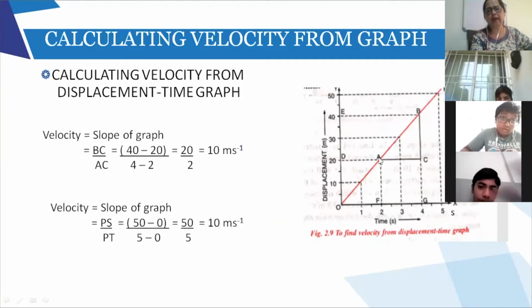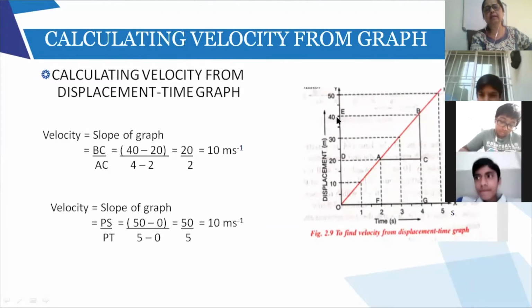And from A, I draw a horizontal line again to the y-axis, because these are the points that I have marked on the graph, A and B. I want to find the slope of the graph. So from B, draw a horizontal line to the y-axis. It is reaching it at 40. So the displacement is 40 at this point, and from A the displacement is 20. So you do 40 minus 20.